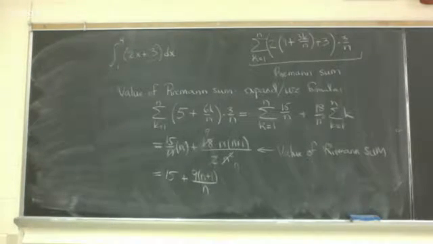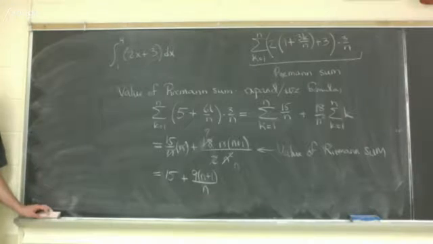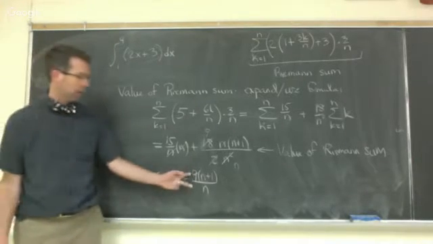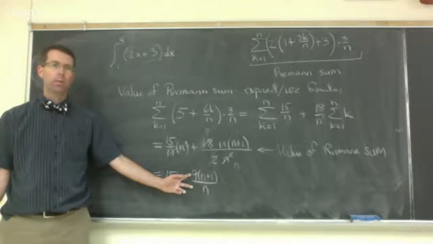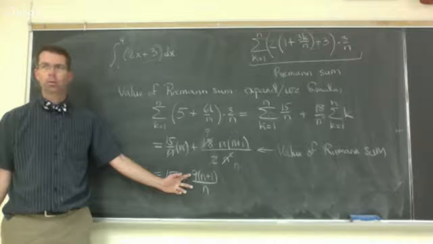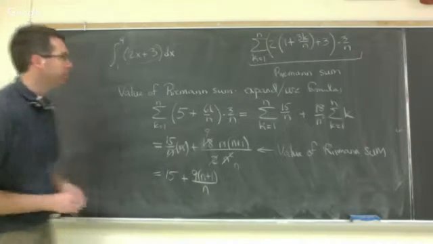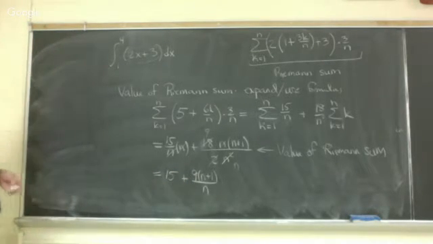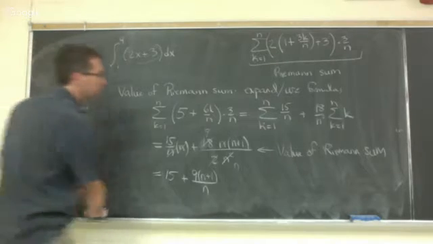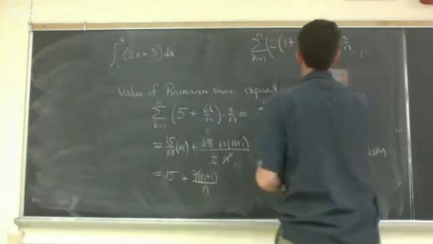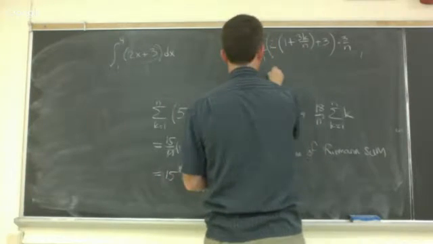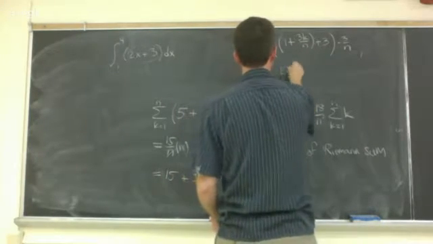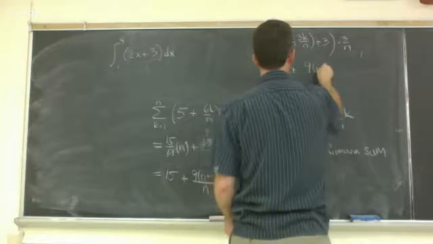By the way, you should be able to see the value of the limit without necessarily doing all the algebra. Right? 9n over n. The n's are going to cancel. I'll just get a number 9 for the limit. So that's the value of the Riemann sum. So this was equal to 15 plus 9 times n plus 1 over n.